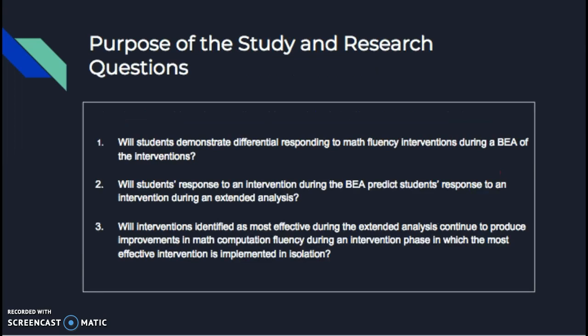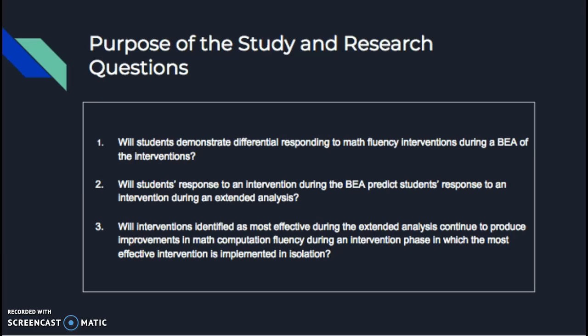So the purpose of the study was to have some more research done on the BEA, or the brief experimental analysis of certain interventions.